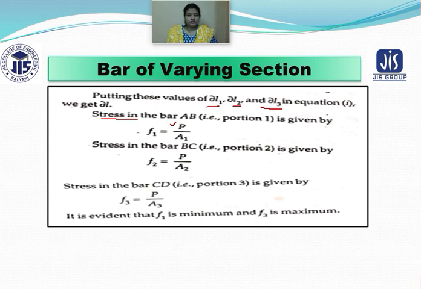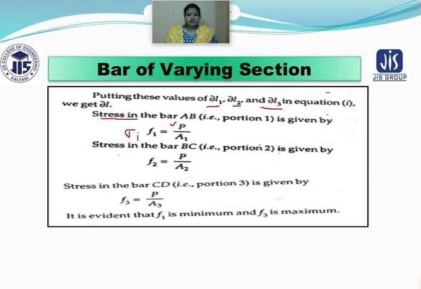You are applying a load over a particular area of the given bar or section. Here, the stress that has been introduced in the bar AB, that is portion 1, is given by F1, which can also be written as sigma 1, that is P by A1.